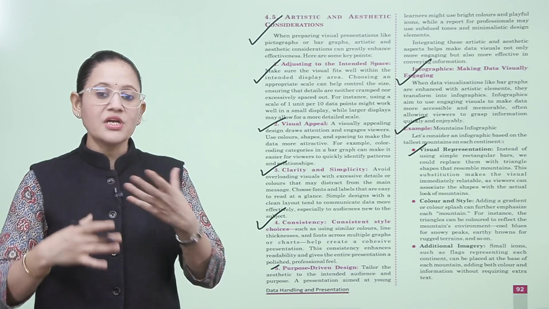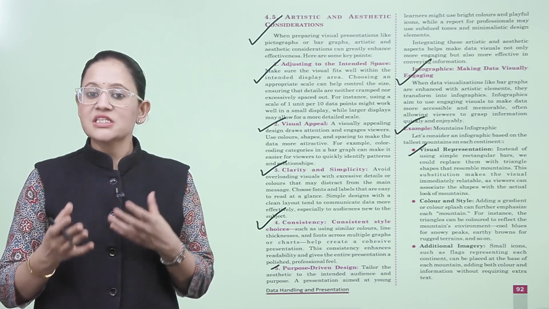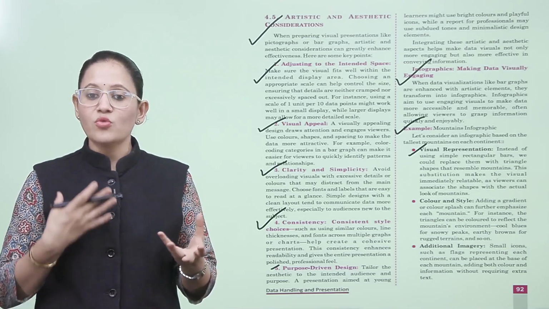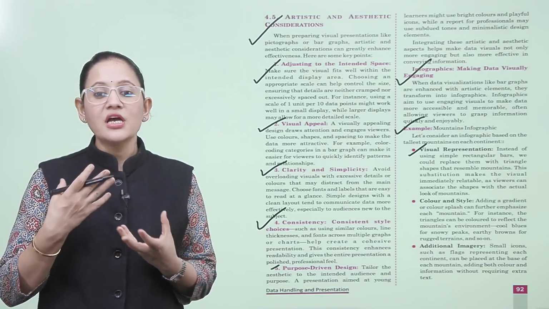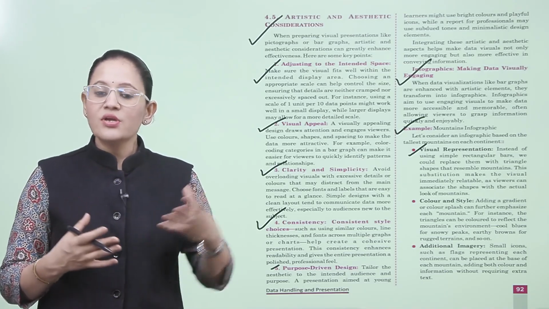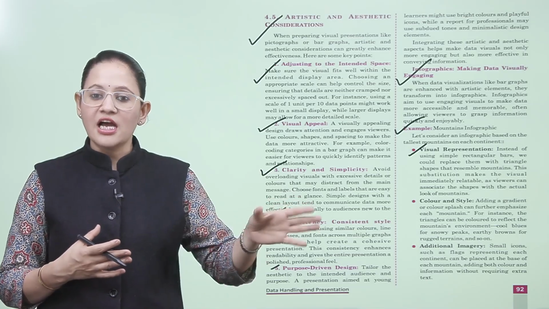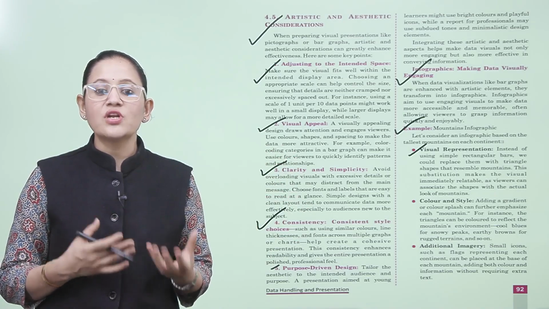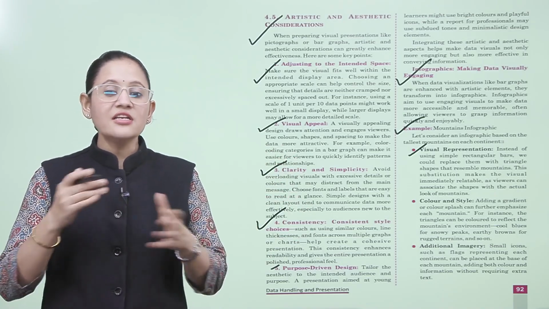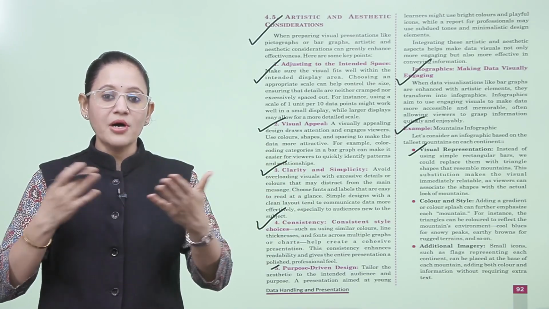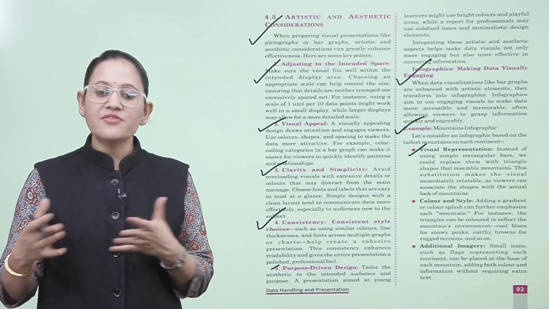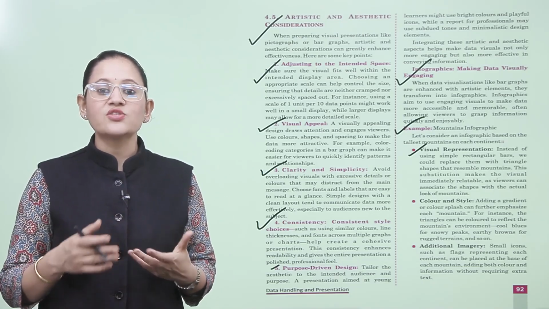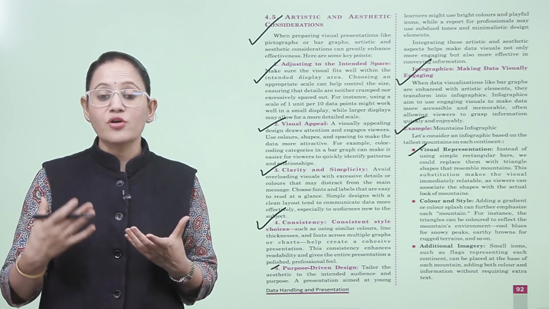So here we are making some changes to make it more visually appealing and easier to understand. These substitutions make the visual immediately relatable, as viewers can associate the shape with the actual look of a mountain.